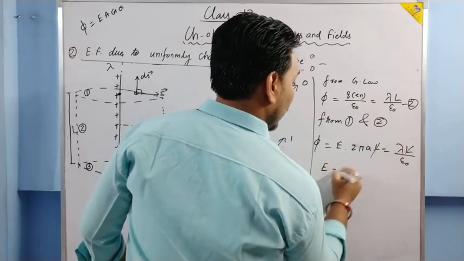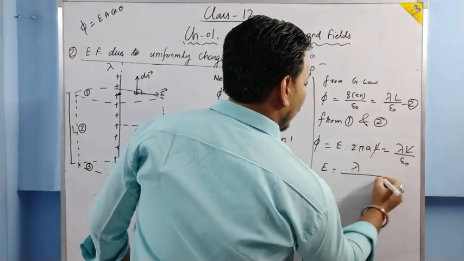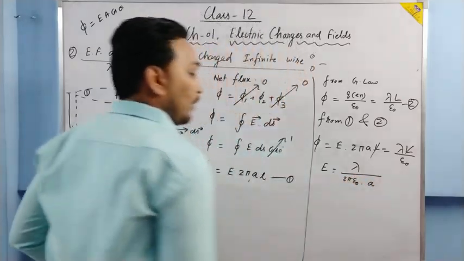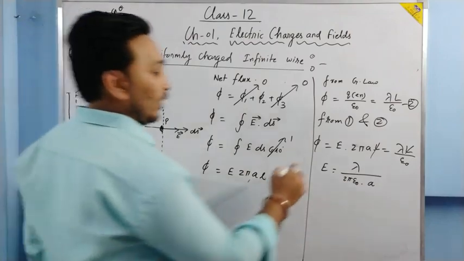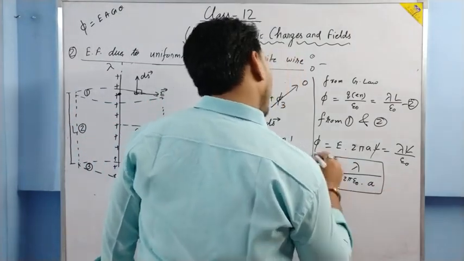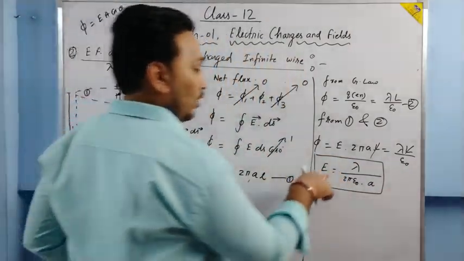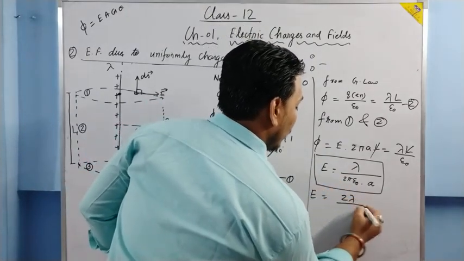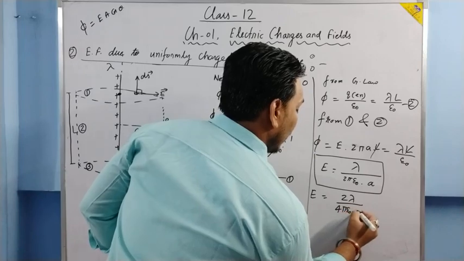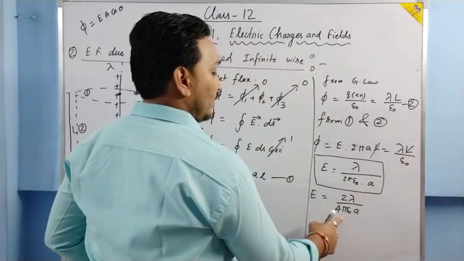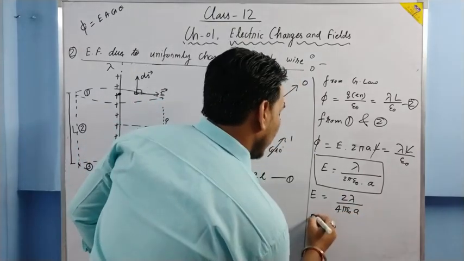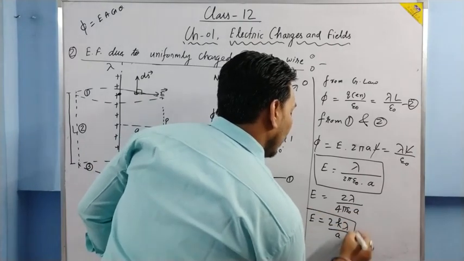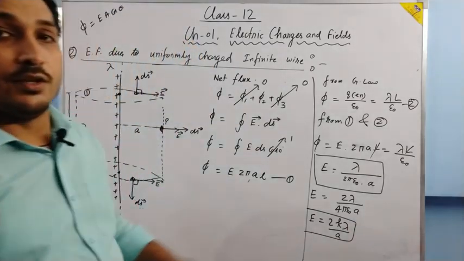We are going to have E is equal to lambda upon 2 pi epsilon naught into A. This is the formula for the electric field. If we multiply 2 in the numerator as well as the denominator, we get 2 lambda upon 4 pi epsilon naught into A. 1 upon 4 pi epsilon naught can be written as K. So E is equal to 2K lambda by A. Easy to learn.